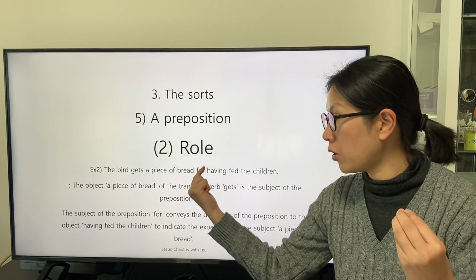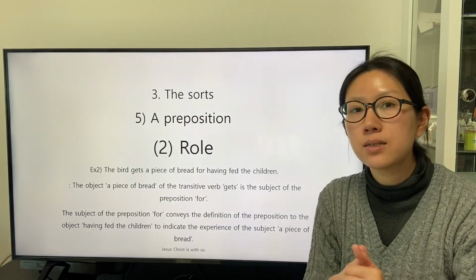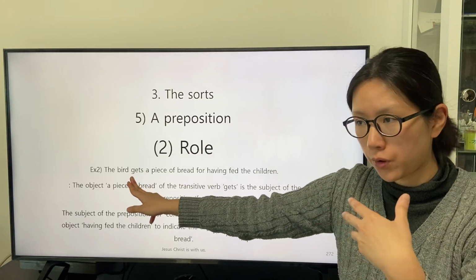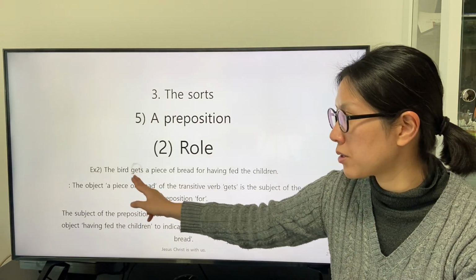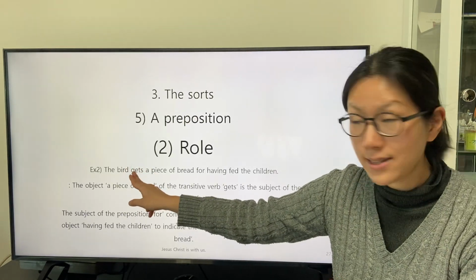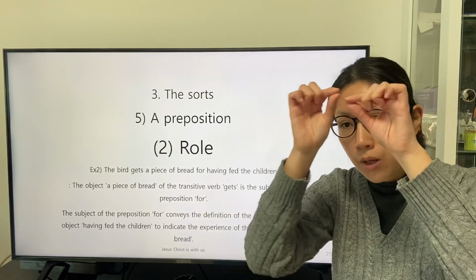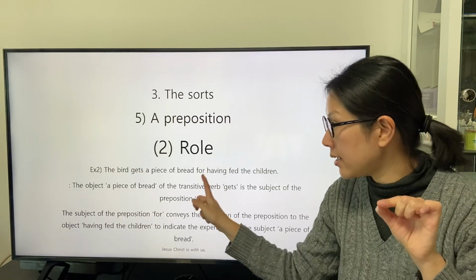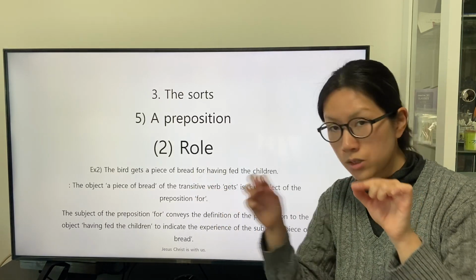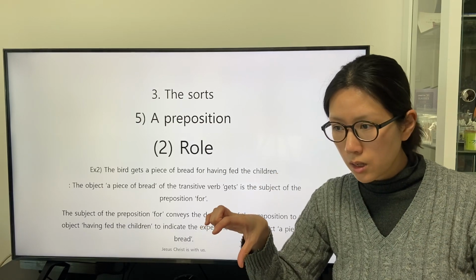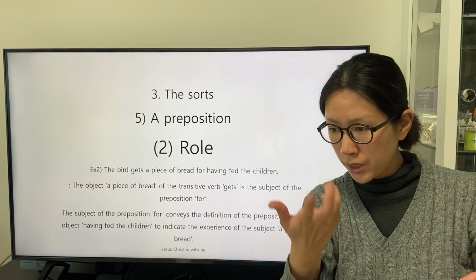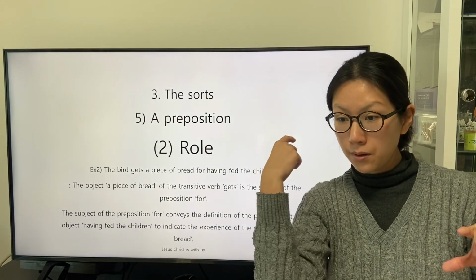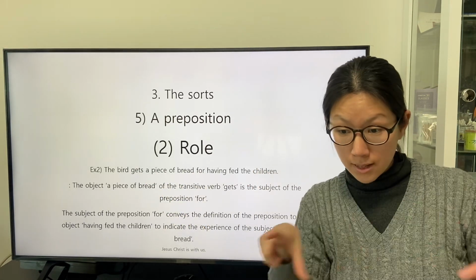The subject of the preposition for, a piece of bread, exists at the present according to the tense revealed by the transitive verb of the clause, gets. The point in time at the present is specified into a period to reveal the purpose of the existence of a piece of bread at the present.